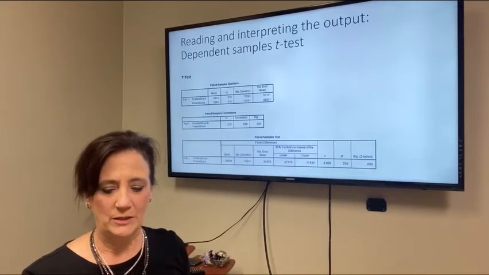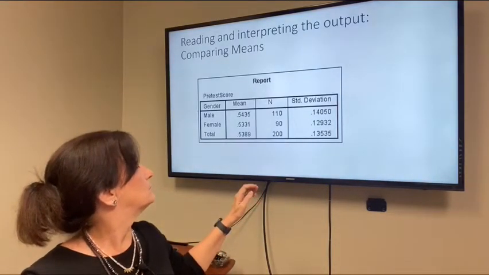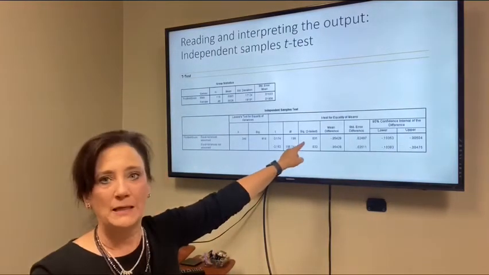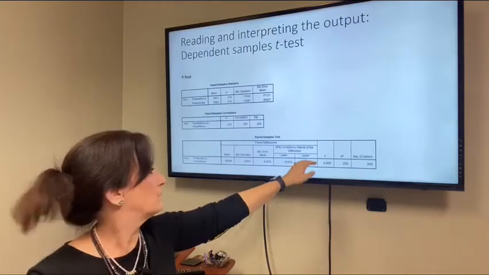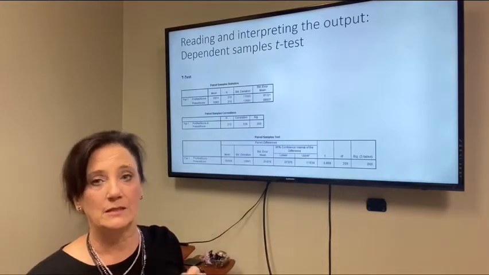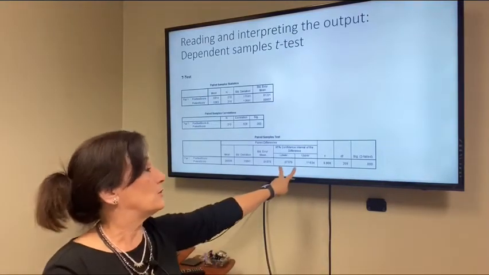So remember on the previous slide, we said P equals 0.03. On this slide, we're going to say P is less than 0.001 when you're writing up your results. All right, and then notice your confidence interval.